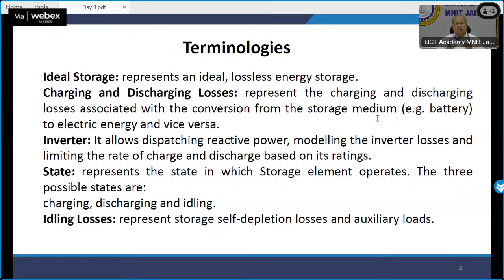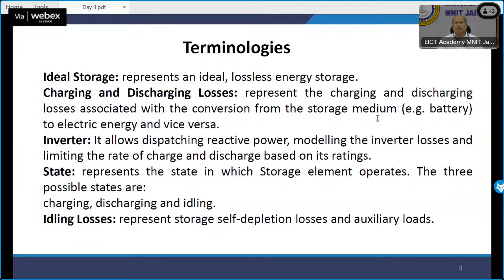It means if I charge a battery with X kilowatt, and take it back, it takes care of the AC-DC conversion. If I give X megawatt of energy for my battery charge and take it back to the grid, that will probably not be my X megawatt. It may be, let's say, 0.8X. So this 20% is the loss due to charging and discharging both. That is what is normally known as charging and discharging losses.